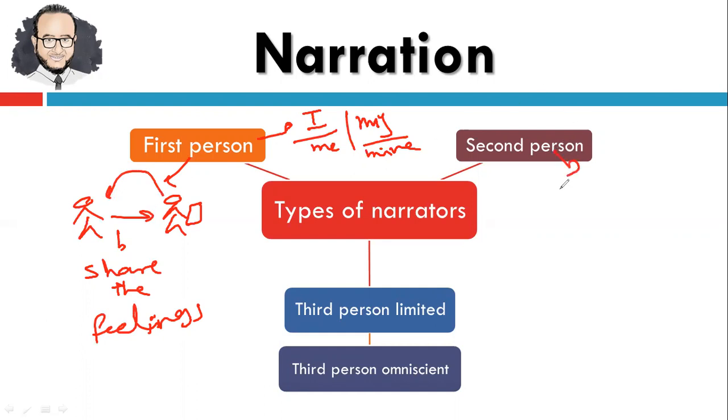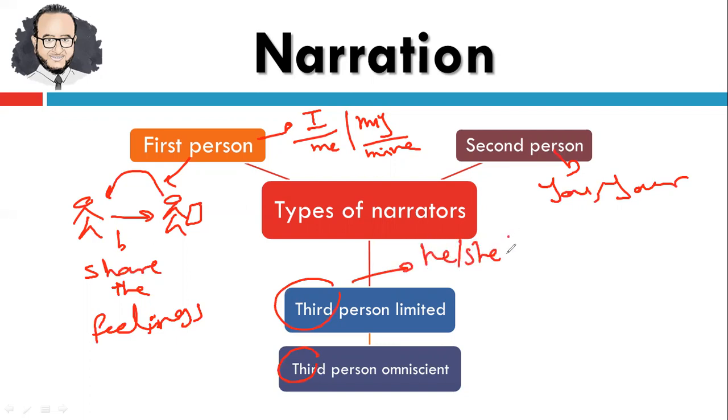In the second person, you are using the pronouns you and your and so on, but this one is not commonly used in the novels. The third type, which is very common in novels, is the third person limited and the third person omniscient. In the third person, you are talking about someone who's not here.